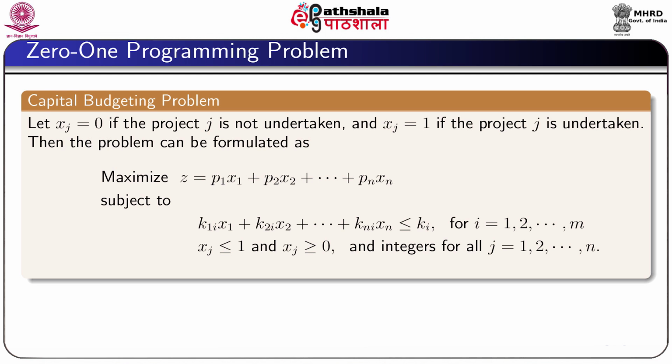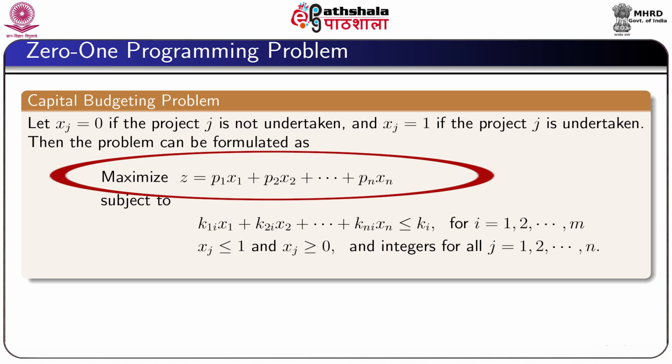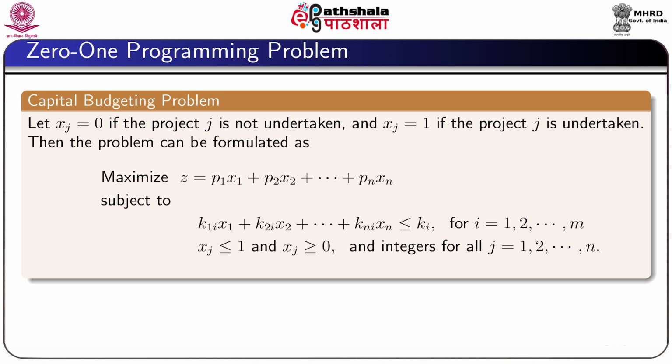Then we can formulate the problem as maximize z equal to p1 x1 plus p2 x2 plus dot dot dot plus pn xn, which represents the present value of all future projects, subject to the constraint k1i x1 plus k2i x2 plus dot dot dot plus kni xn less than equal to ki for i equal to 1 up to m, and xj is less than equal to 1, and of course, xj is greater than equal to 0 and integers for all j equal to 1 up to n.